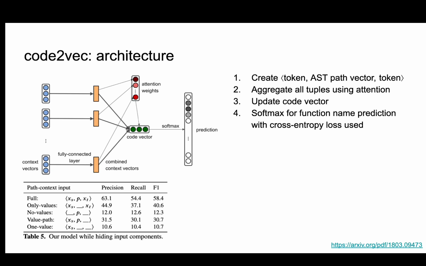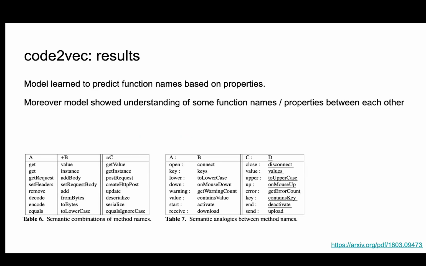Researchers showed the importance of all three elements in the model's work, where you can see on the table the effect of the appearance or disappearance of some elements in this tuple on the final model. The tuple of three elements, starting token, path vector, and ending token, gives the best model metrics.